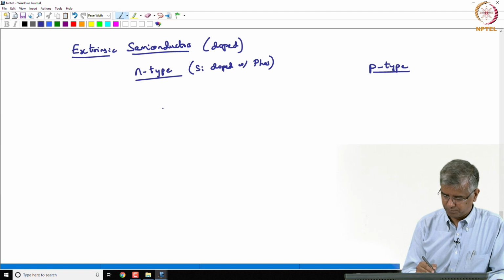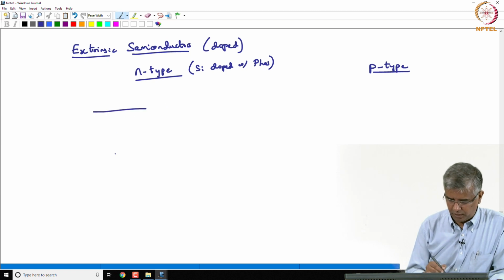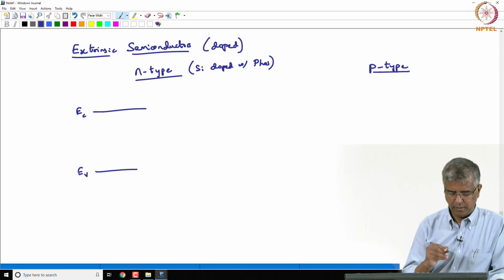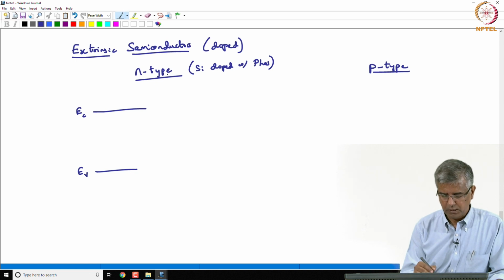things. When what we are talking about is this is, let us say, for simplicity I will just draw it as a flat line, EC and EV. You have phosphorus.